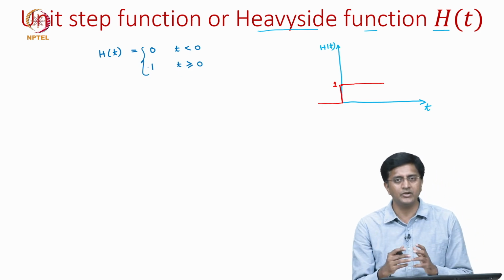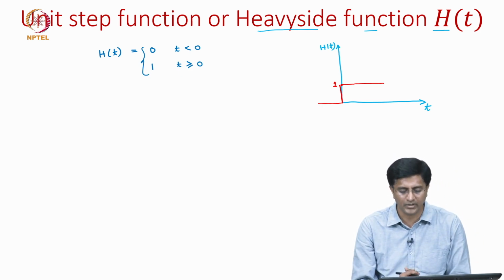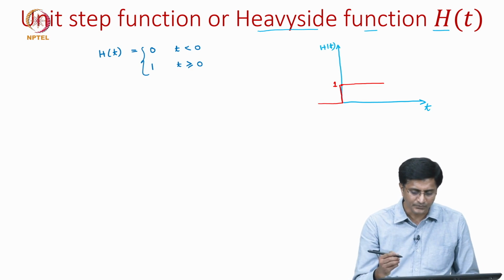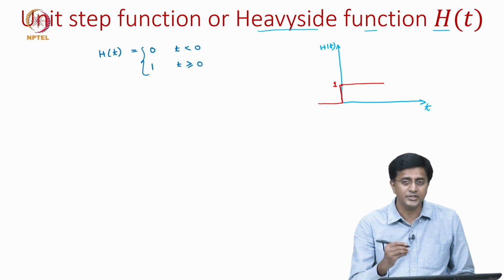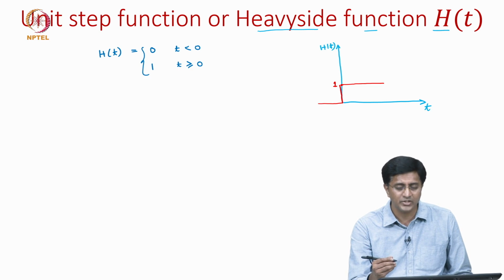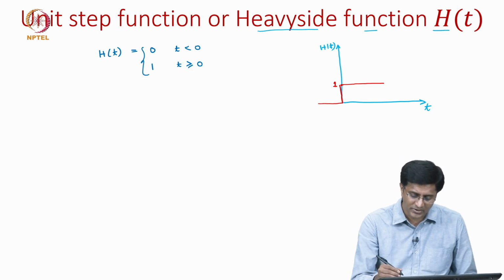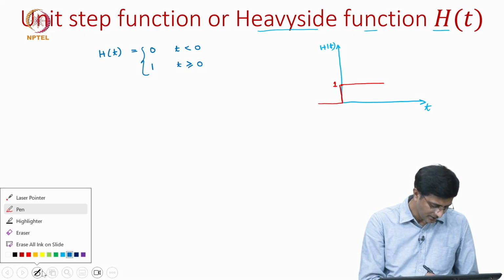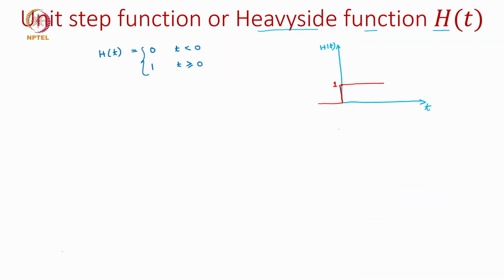So, it can take two values depending on the time we are looking at, but it is not necessary that this step is always at time t equal to 0. We can also have a step at an arbitrary time. Let us say this step occurs at some time t1.